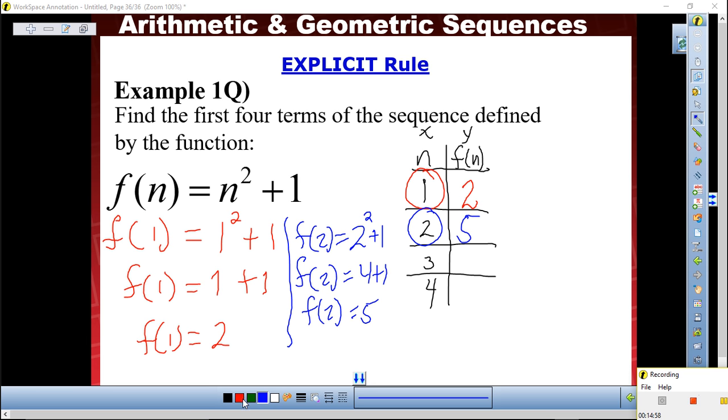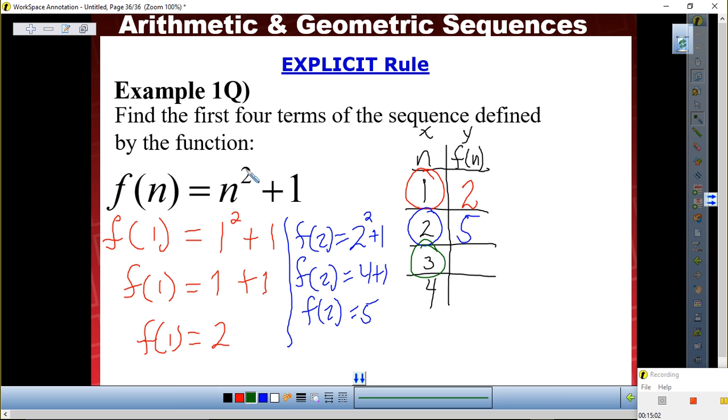Let's see, Christian. What is f of 3? I'm saying, what is f of 3? F of 3 is what? Remember, this is an exponent.